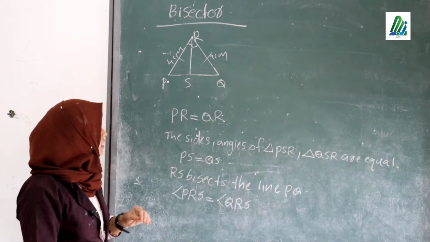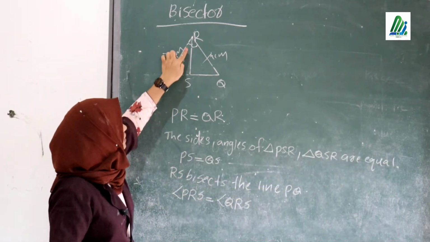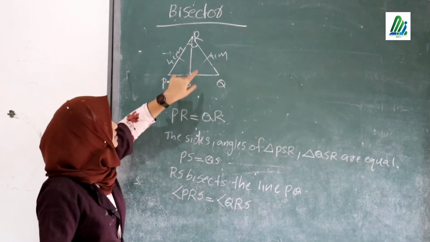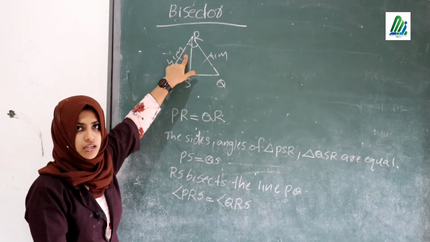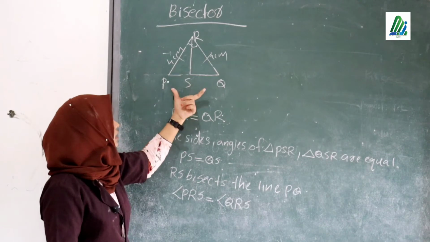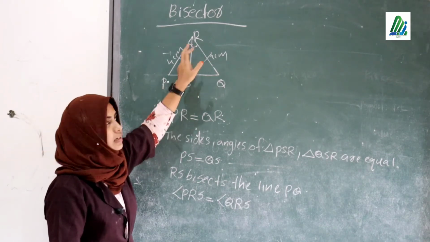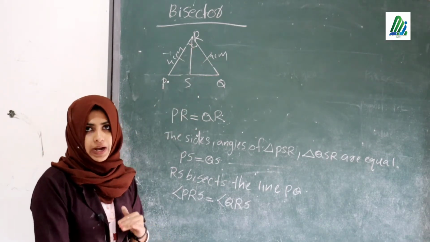And the line which divides a line and also an angle equally is called the bisector.